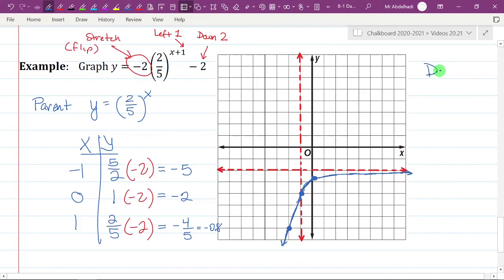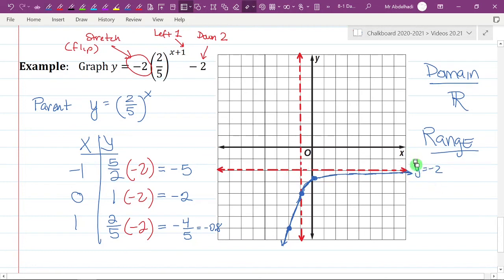So what's my domain? Well, still all real numbers. That didn't change. What's my range? Well, this time we're below a line here, right? This is y equals negative 2 over here. Okay, this red line here.